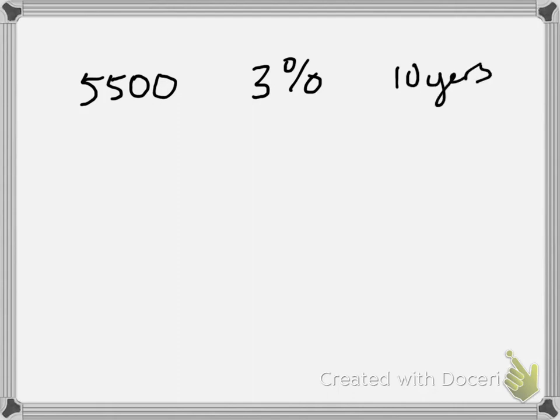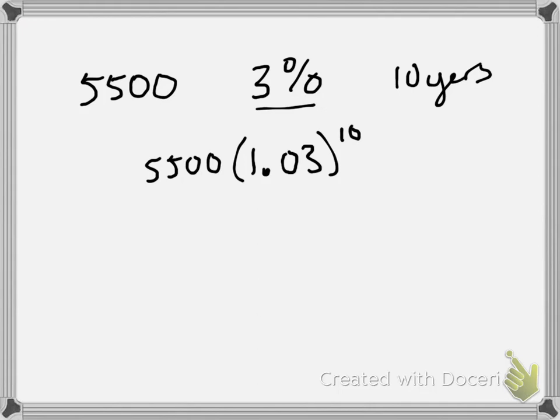Okay, so you're always going to start with your initial amount. And then if it's growth, it's going to be 1 point, and then whatever your percent is as a decimal. 3% is 0.03. Your exponent would be 10. That's a growth.